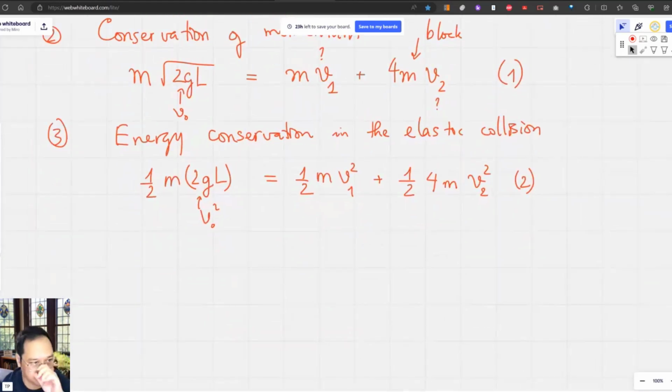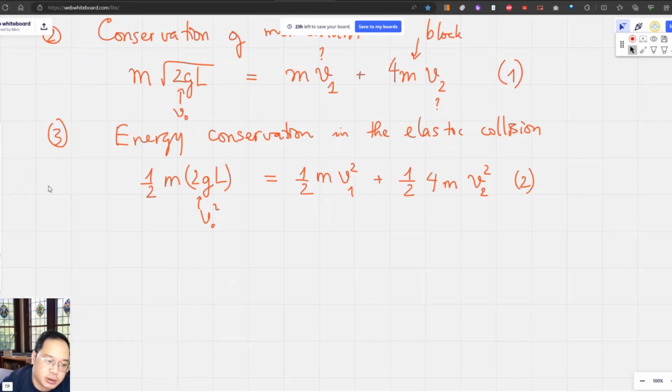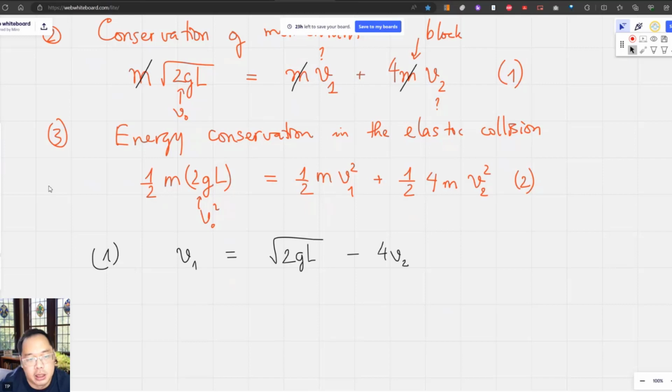From equation 1, I want to represent v1. We can simplify the mass out of the equation. So v1 is equal to the square root of 2gL minus 4v2.